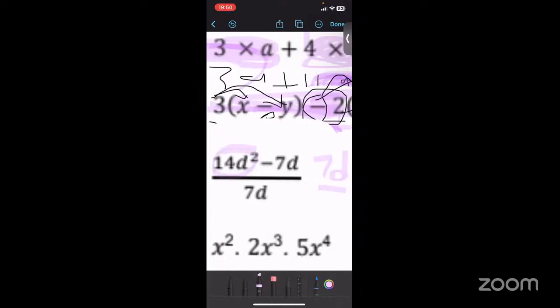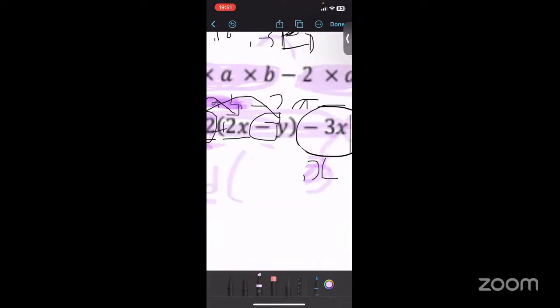It can only be 2D, because when you multiply the 2D with the 7D, the 7 will multiply the 2, which gives us 14, and the D will multiply with the D. I said when you multiply the same bases, you add the exponents. So D to the power of 1 times D to the power of 1 is 1 plus 1, which is 2. So you have 14D squared. So in the brackets, we're going to have a 2D.